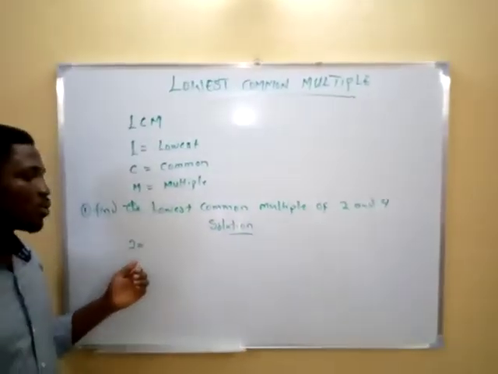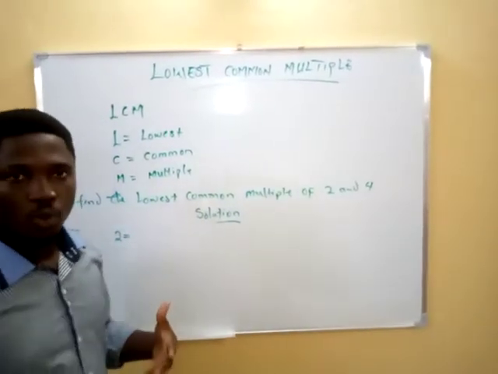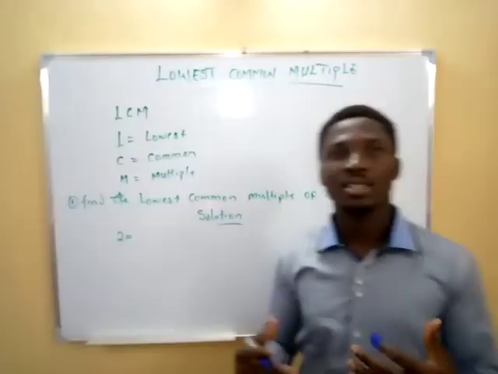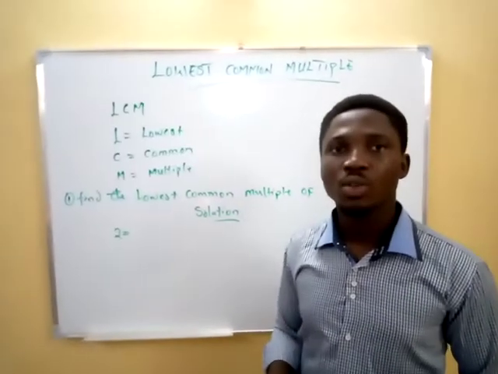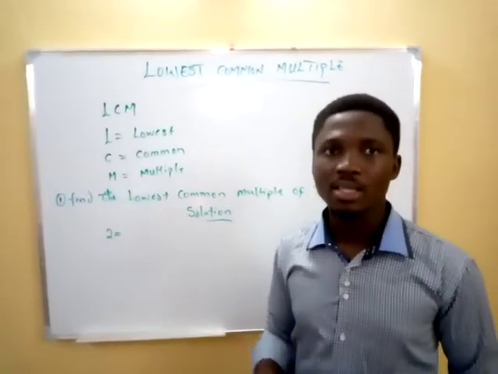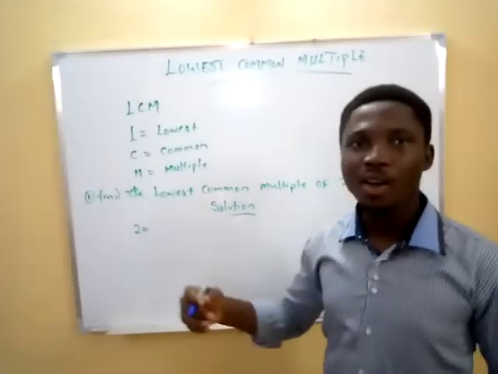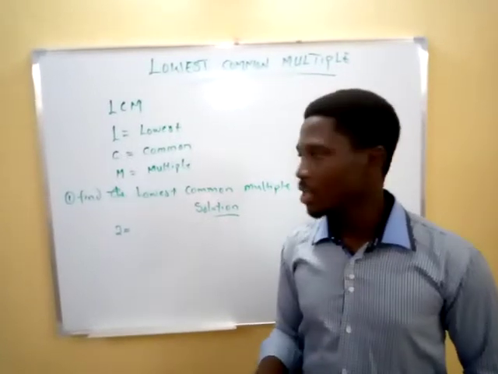For example, we have 2 times 1, the product is 2. 2 times 2, the product is 4. 2 times 3, the product is 6. What do we refer to as product? Product is the outcome of multiplying one number with the other.